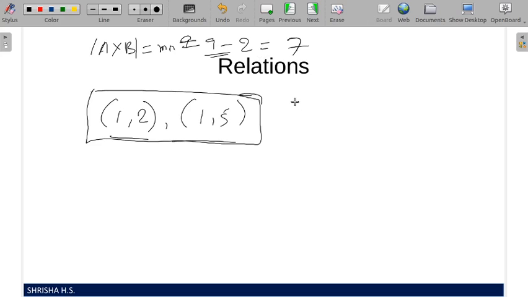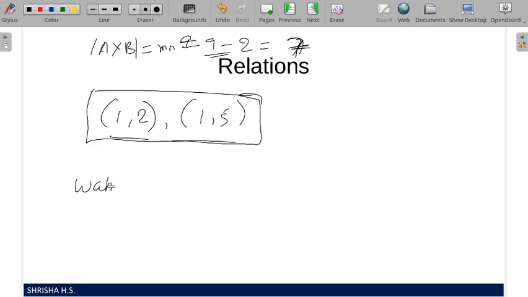So 1 comma 2 and 1 comma 5 are already set and have to be there, so all the remaining permutations and subsets we have to make out of the 7 remaining ordered pairs.